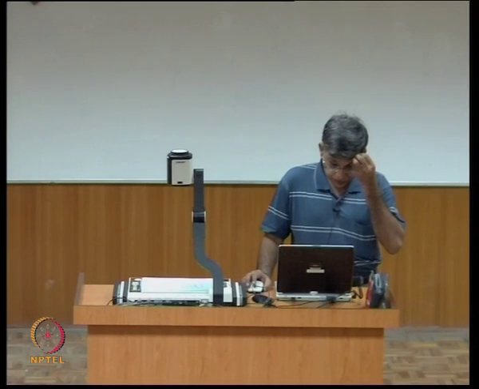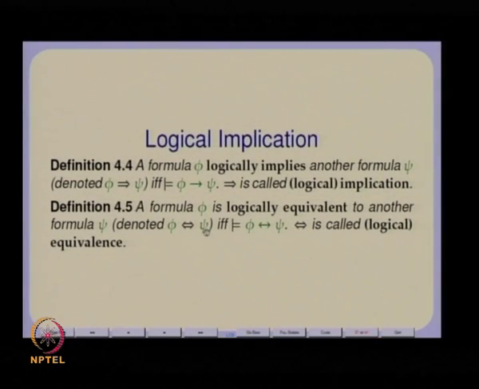But I would like to draw that, because that's how we like to clearly keep the object language different from the meta language. Now what you are saying by this logical equivalence is that if phi is logically equivalent to psi, then the truth content in phi is exactly the same as the truth content in psi.